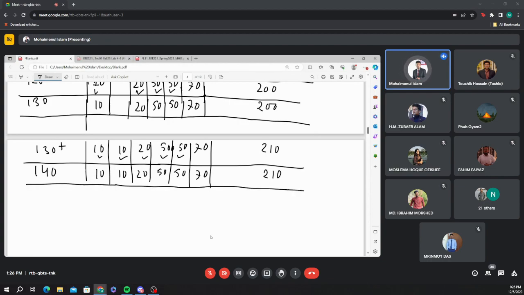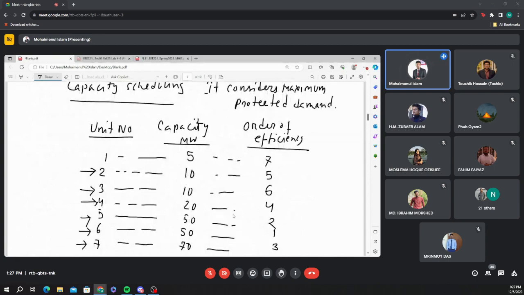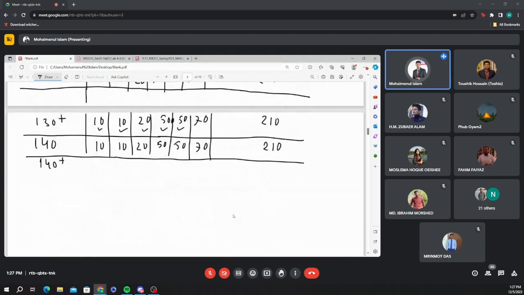What will happen next? The next value should be 140 plus. Why? What about the 140 plus value? For 140 plus, you have the last generator, a 5 megawatt generator, the last efficient generator, 5 megawatt only. So you can turn on that 5 megawatt plant. 5, 10, 10, 20, 50, 50, 70. What about the final value? 215 megawatt.